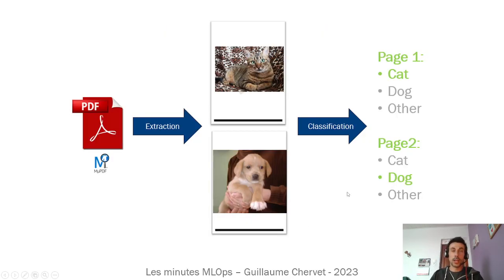But it's a little more complicated than that. In other words, in terms of data workflow, what I've shown you here is the training of the model at image level. So we split it into 3 test sets. On the other hand, what you deliver in production is an API that receives PDFs.